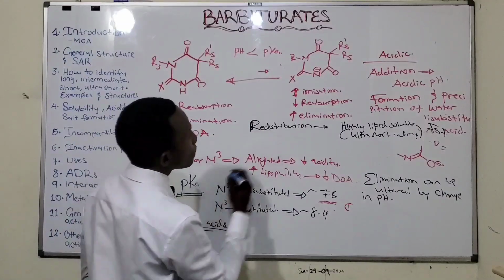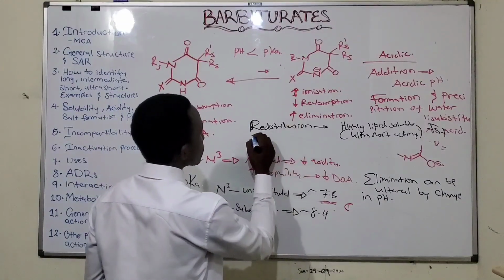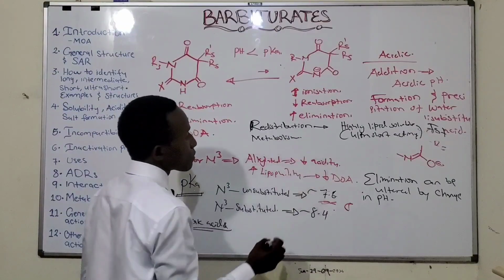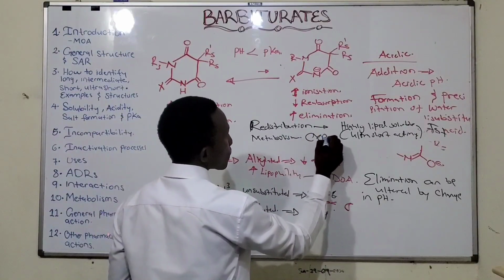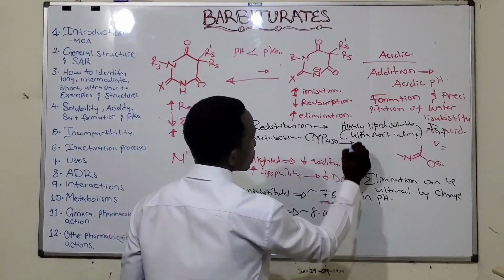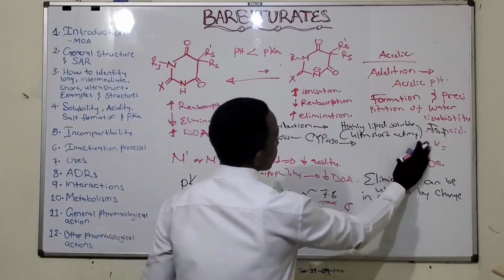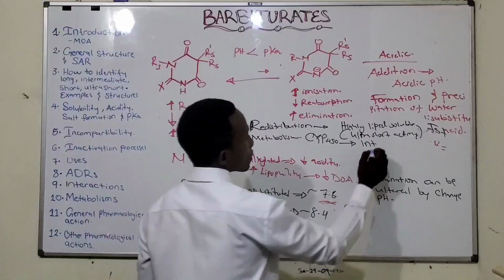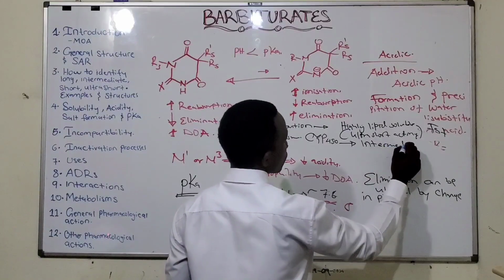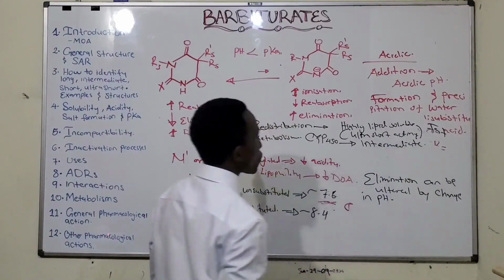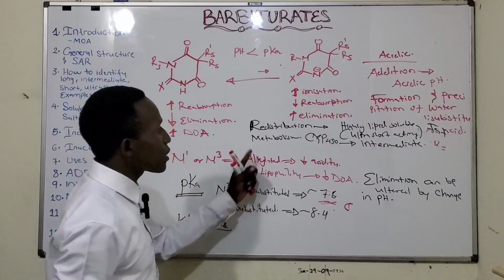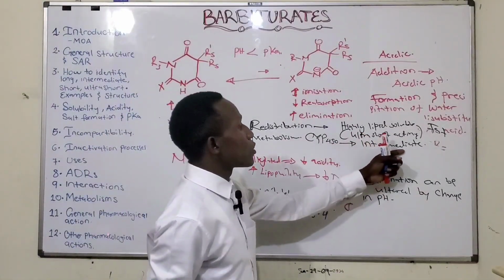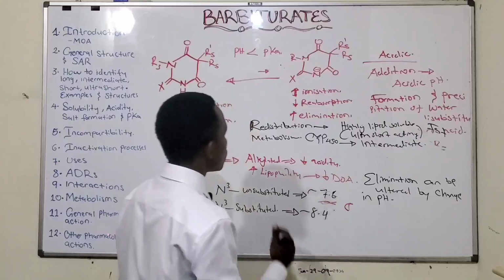Then we can also have metabolism by CYP450 enzymes. This one is for the intermediate lipophilic drugs. Those intermediate acting drugs are highly metabolized. They can go to the liver and be metabolized.